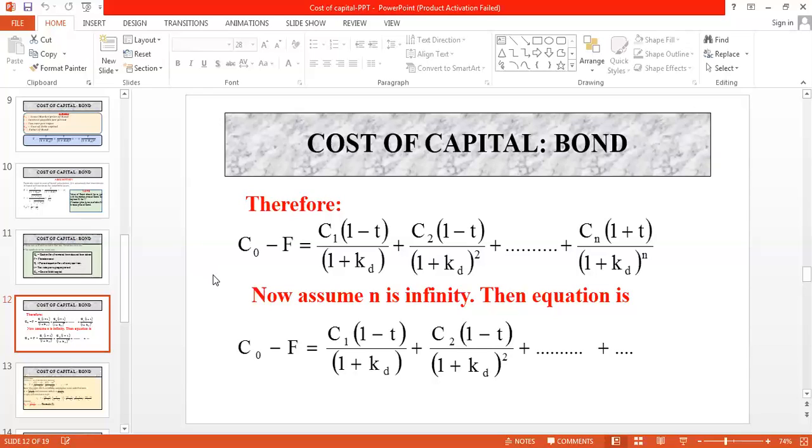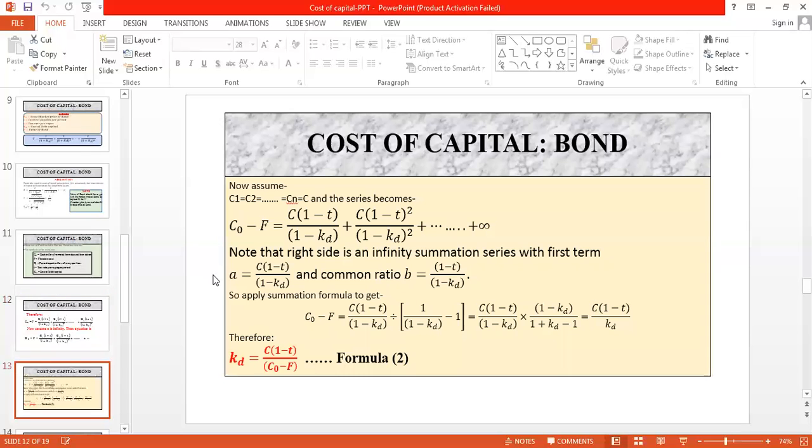Now we calculate the present value of all these net cash outflows required by the company, and then add them. This is the total present value of cash outflows for n periods of time. This should be equal to the net cash inflow C0 minus F. However, we have already mentioned that for developing a generalized formula, we assume that the life of the project is infinity. That means instead of n, it will be infinity, and the series will be converted to an infinite series.